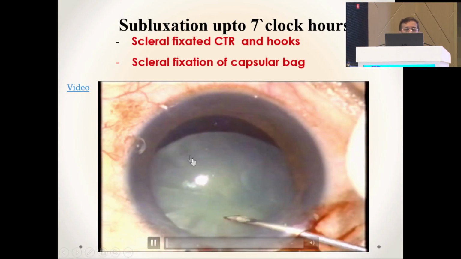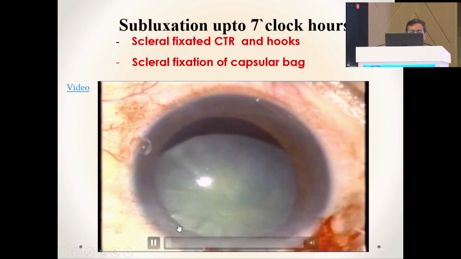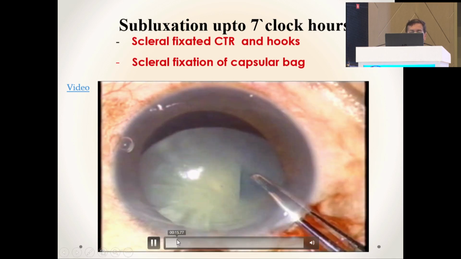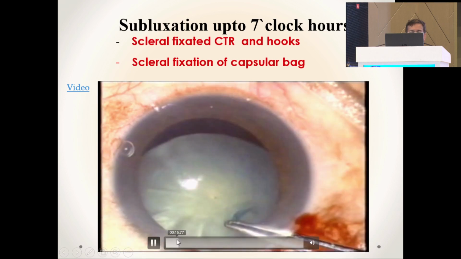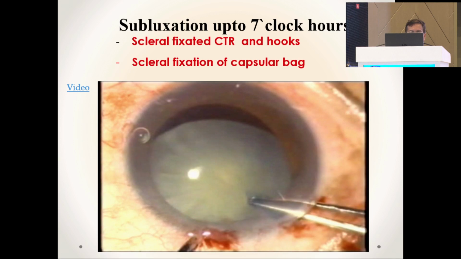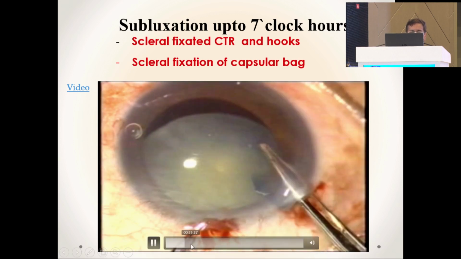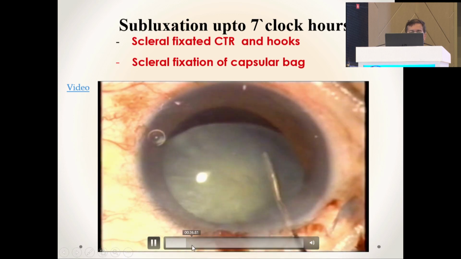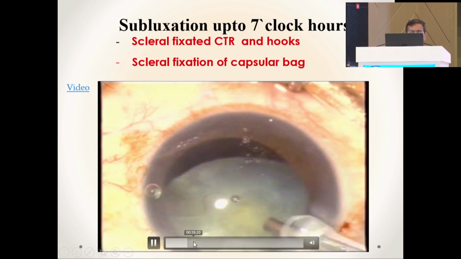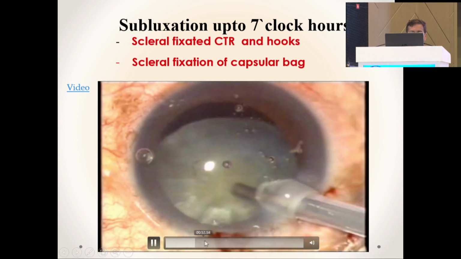In this case, there is a large subluxation with a hard, brown cataract. We are doing it with staining, and the rexis is slightly eccentric. Use viscoelastic and gentle hydrodissection, and try to manage the nucleus.